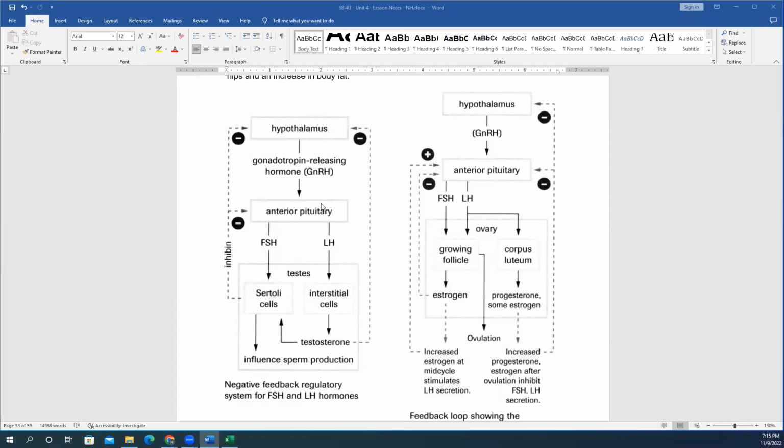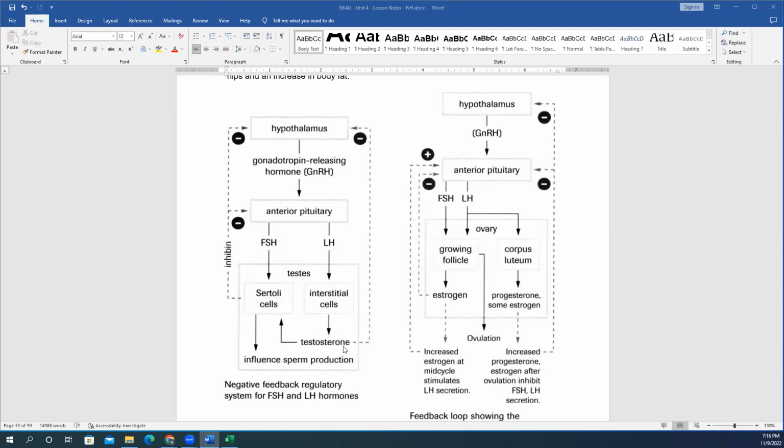And on the anterior pituitary, it acts to stimulate the release of these two hormones, FSH and LH. And FSH and LH then go on to affect the testes by stimulating the Sertoli cells of the testes to produce for sperm production, and also the interstitial cells to produce testosterone.